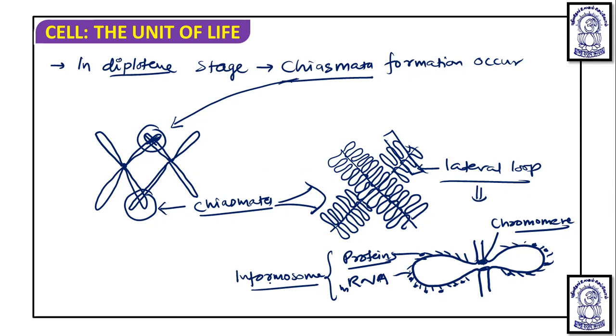Okay, so this mRNA and protein, which are known as informosome, are used for development of embryo.